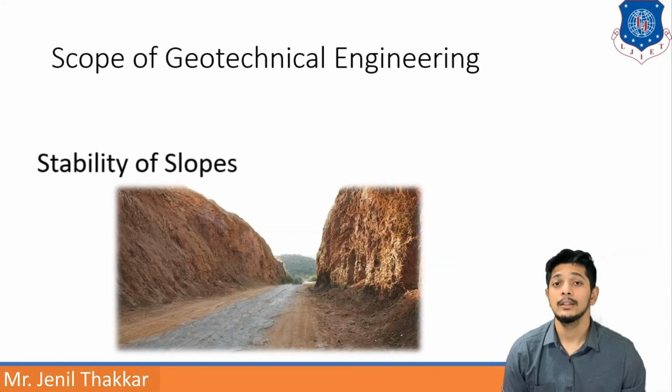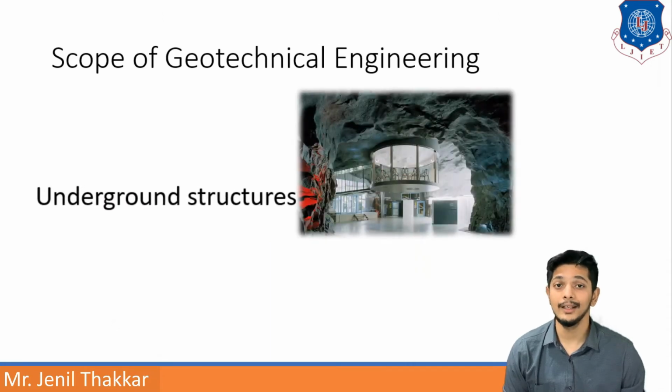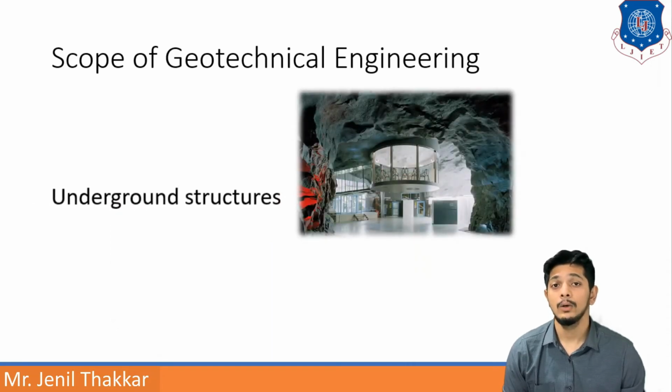Next is stability of slopes. We know that in India there are too many slopy regions, and to construct there, we have to know their stability. Next is underground structures. Now, tunnels as well as different underground structures are to be constructed in hard situations, not in normal situations. So, you must know that.